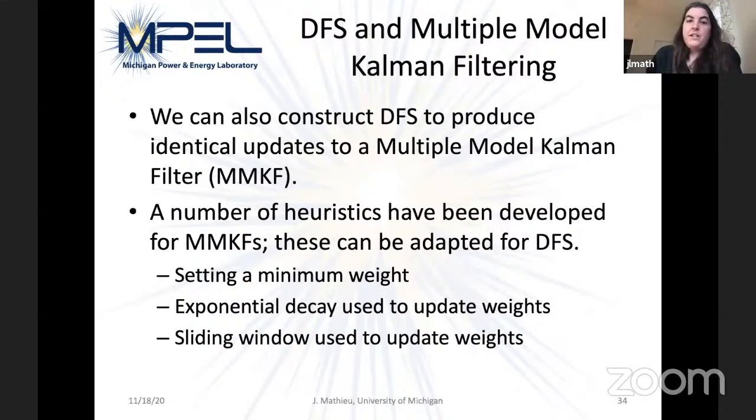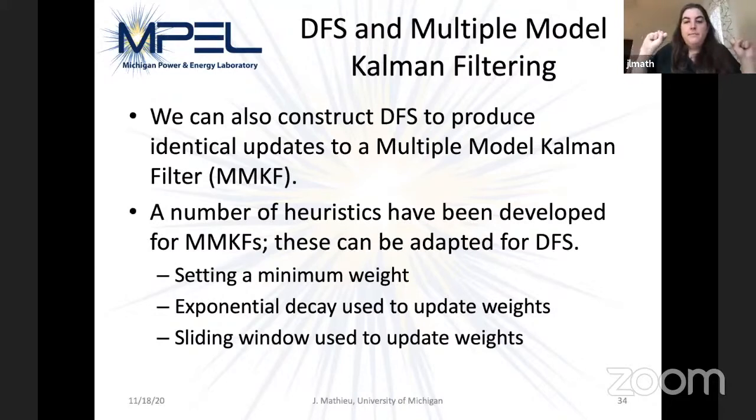Similarly, dynamics fixture, which is using multiple models and combining them in this weighted estimate way that I described already, is very similar to something called a multiple model Kalman filter. And you can construct dynamics fixture to also produce estimates that are identical to multiple model Kalman filters. So basically, these are very similar techniques that we come at from, in one case, a controls direction, and in another case, a machine learning direction.